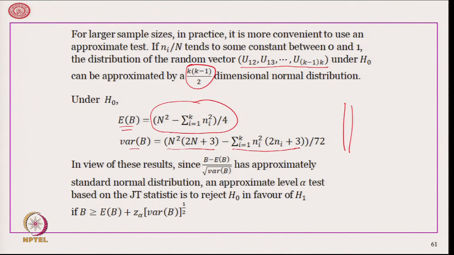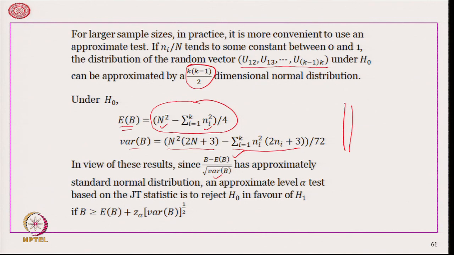However, we know that when N is large, then (B minus expected value of B) over the square root of the variance of B can be considered to be a normal approximation, where the expected value of B and variance of B can be found, without going into the detail, simply from the values of capital N and small ni, i equal to 1 to k.